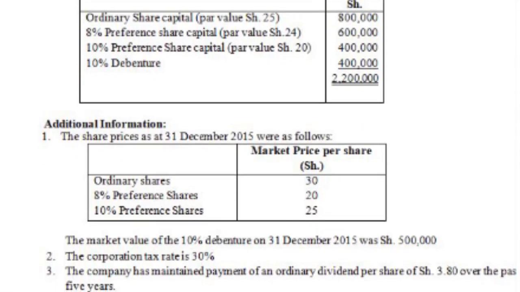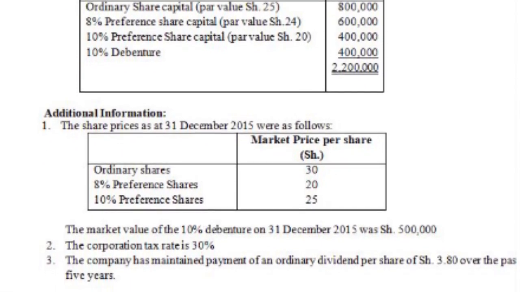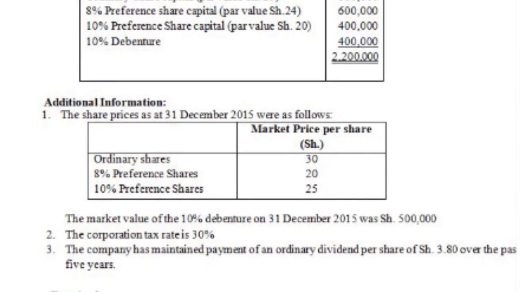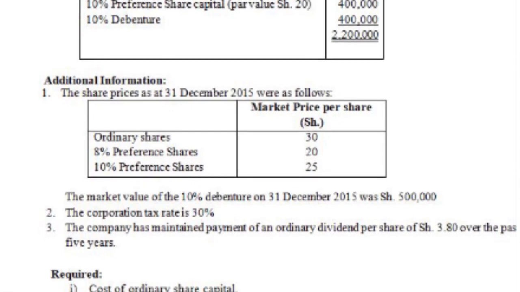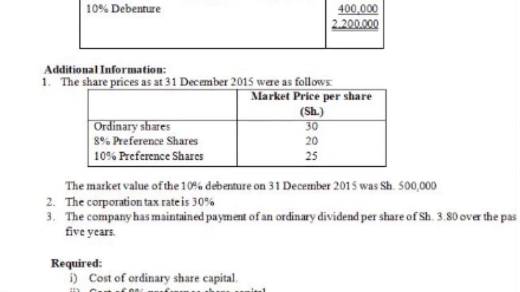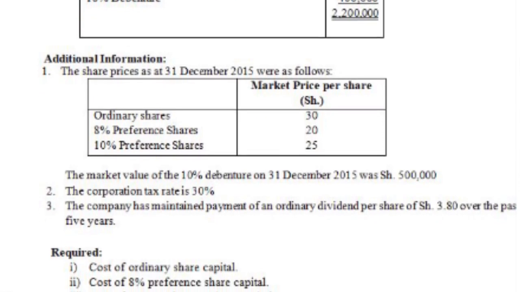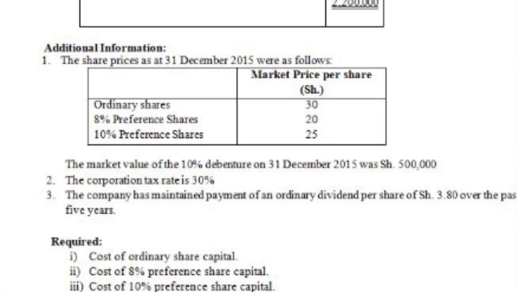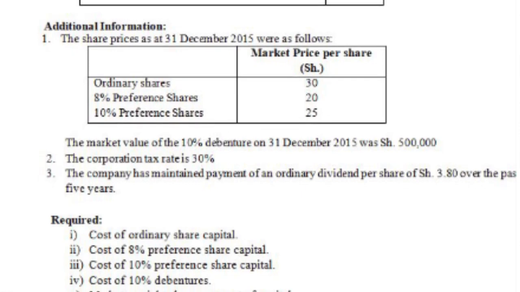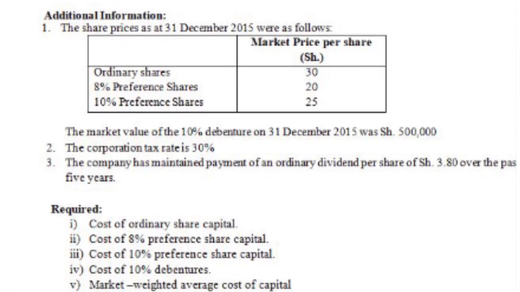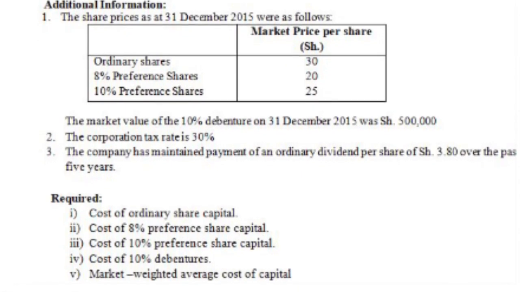Additional information. The share prices as at 31st December 2015 were as follows. The market value for ordinary shares 30 shillings, the market price per 8% preferred share 20 shillings, the market price per share for the 10% preferred shares 25 shillings.